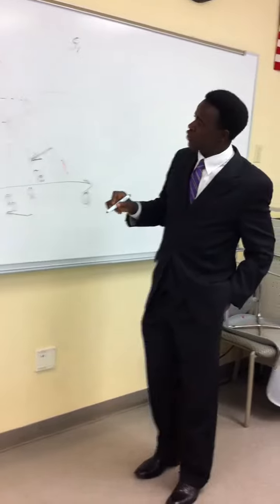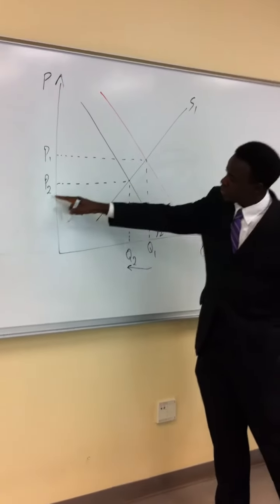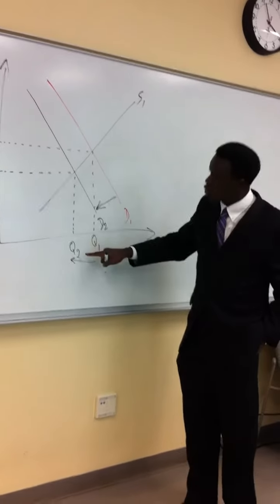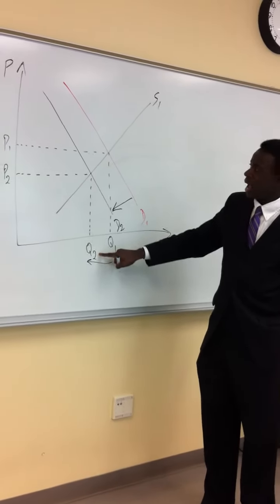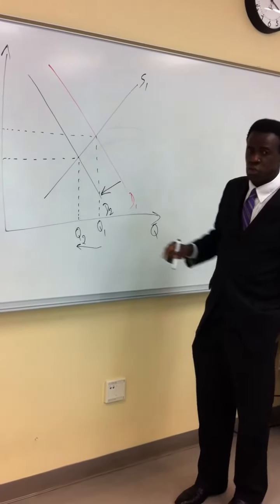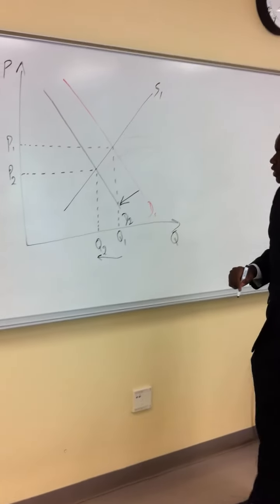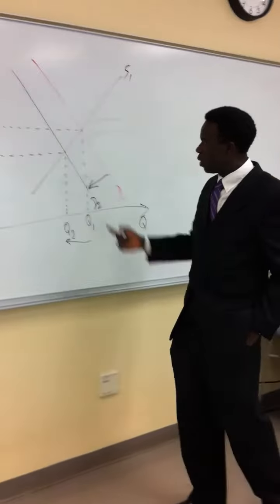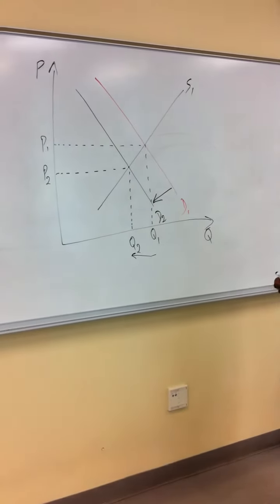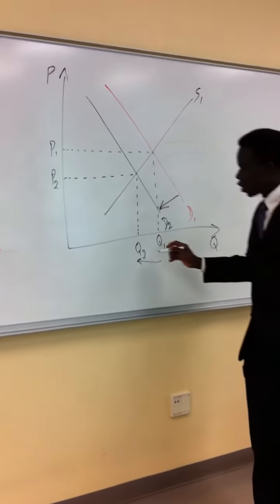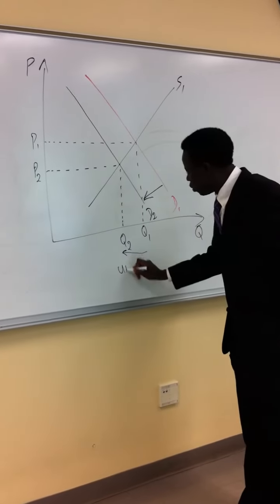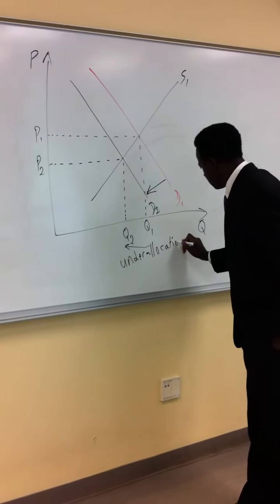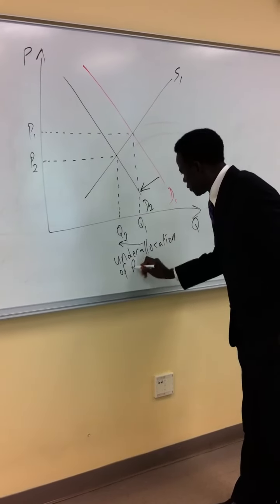Because the price is lower, the market will now supply Q2, and Q2 will also be the quantity demanded. So now there is an under-allocation of resources to education. So this is also characterized by under-allocation of resources.